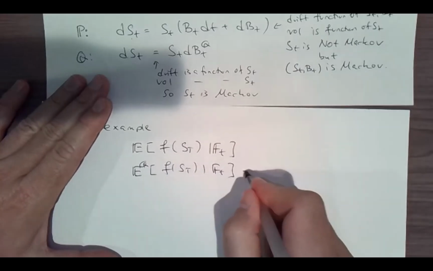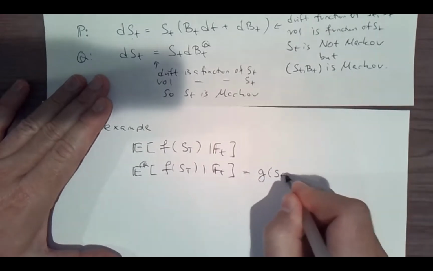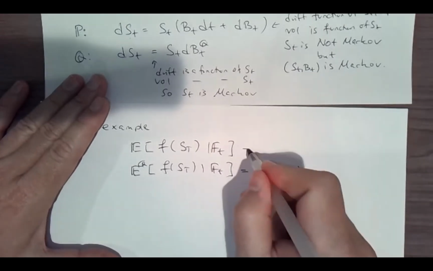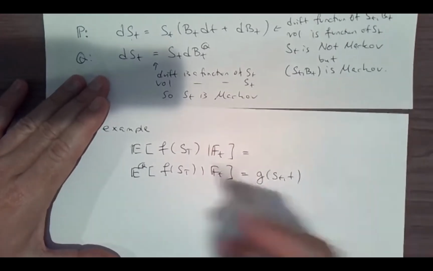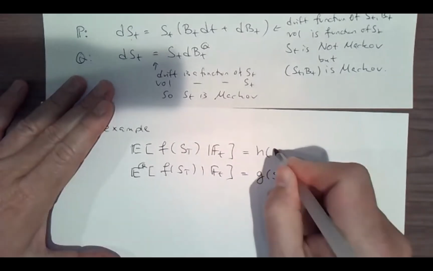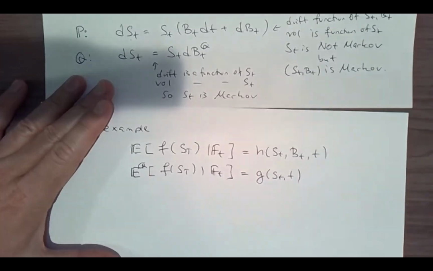Like in the bottom one, this is going to be a function of ST and T just as before. But the top one, because S by itself is not Markov, you're going to need a function of ST as well as BT as well as T.